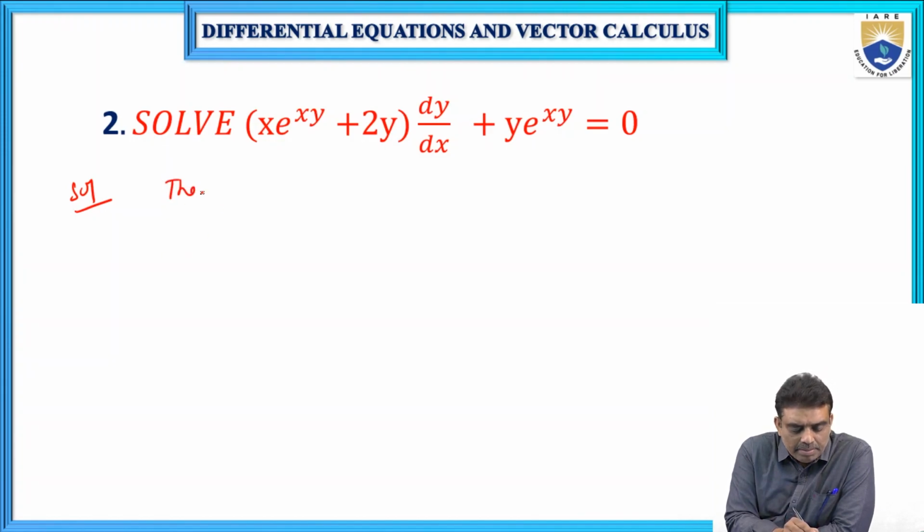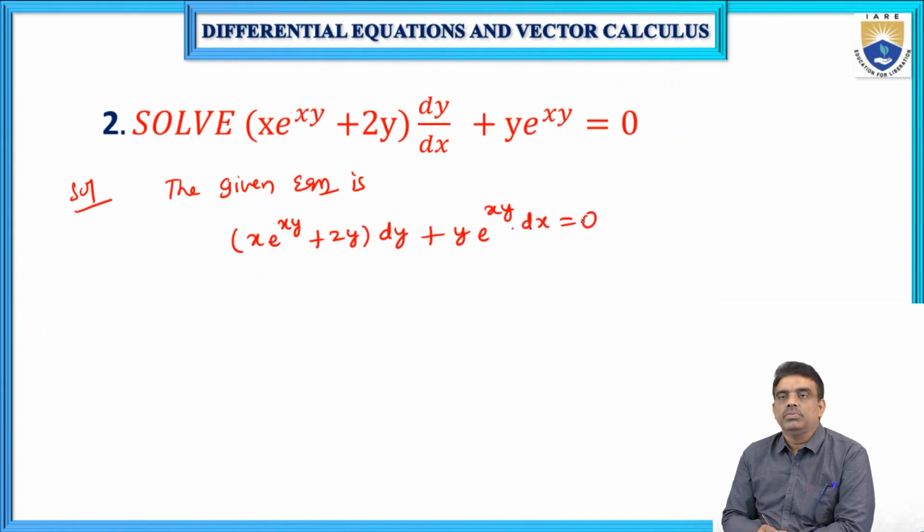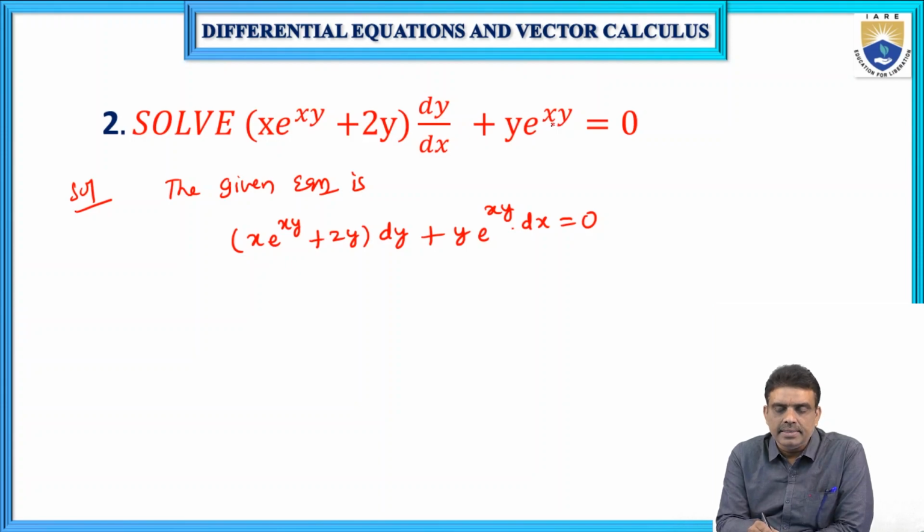I am rewriting the given equation. The given differential equation is x e power xy plus 2y of dy plus y into e power xy dx is equal to 0. Just write dx on this side, and the right side will be 0.